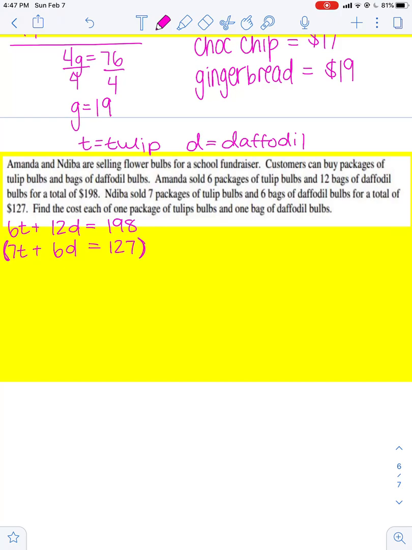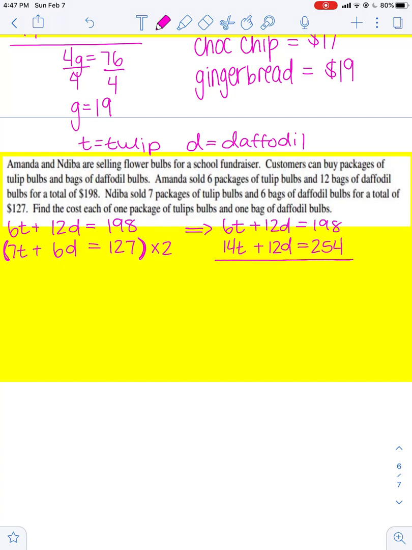So I'm going to multiply the whole second row down here by 2. And that is going to give me a new system that looks like this. 6T plus 12D equals 198. And then 14T plus 12D is equal to 127 times 2, which should be 254. I'm going to double check myself after my earlier mistake.